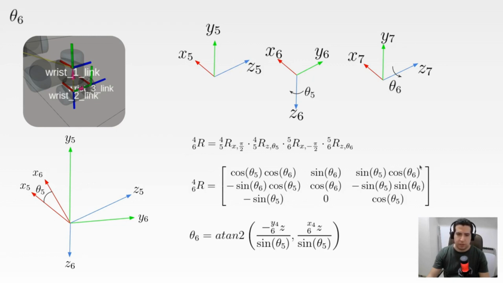The same applies to this element here, that if we take this element and divide by sine of theta 5, you end up getting cosine of theta 6. So actually what I mean by using this notation here is the projection of the z-axis of the frame 6 in the x direction of frame 4. This is exactly the first row, the last column of the rotation matrix.